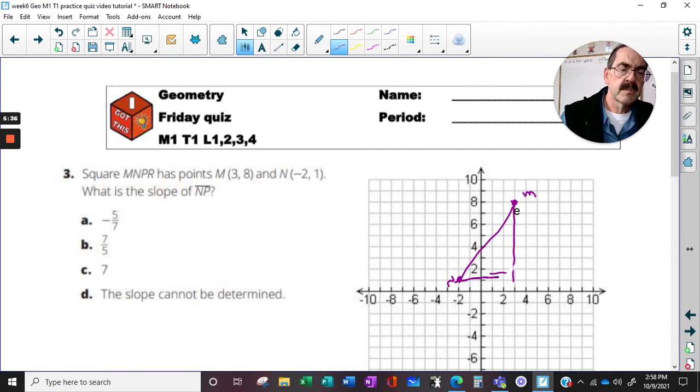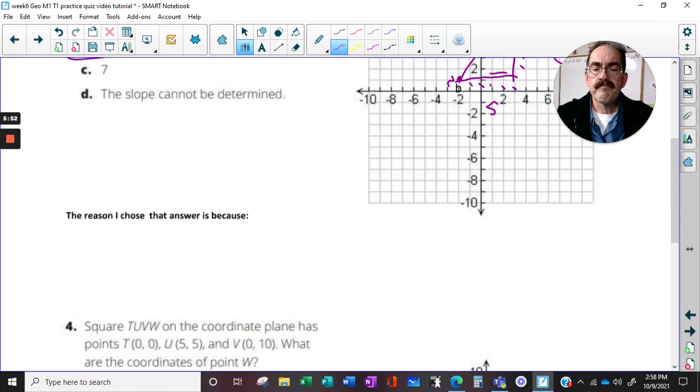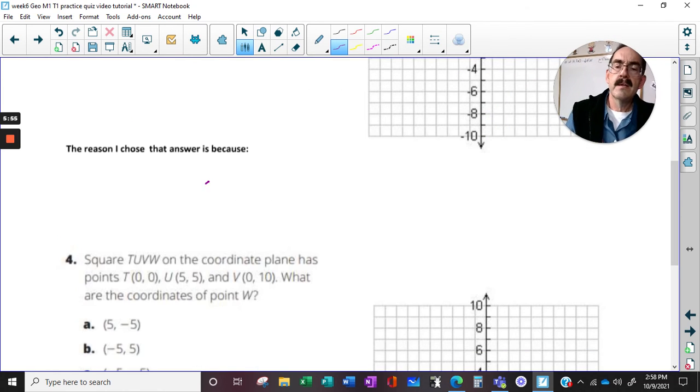Counting the rise and the run: 7 over 5, in the positive. Okay. See, rise and the run.